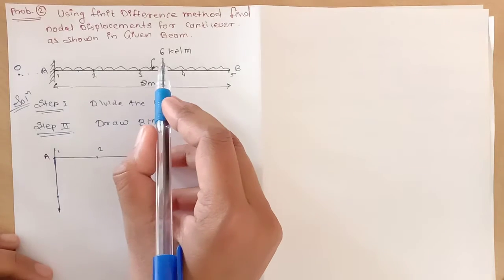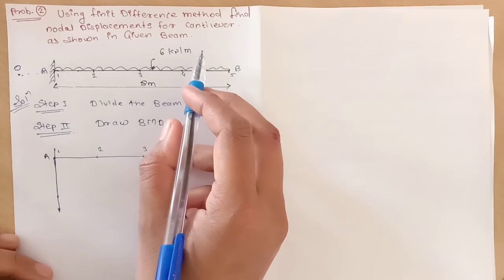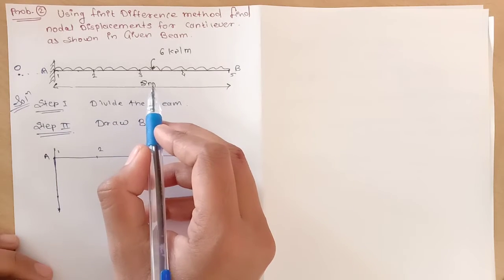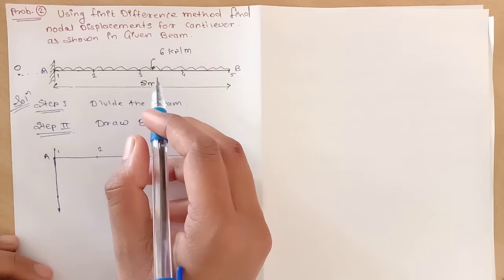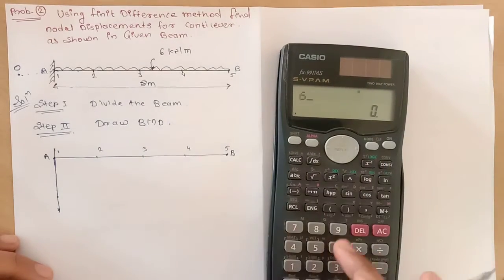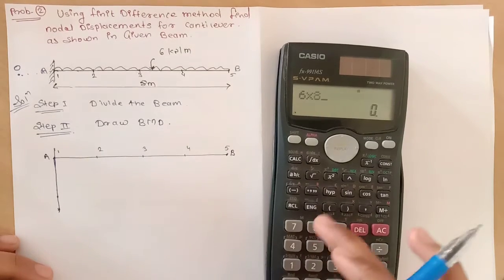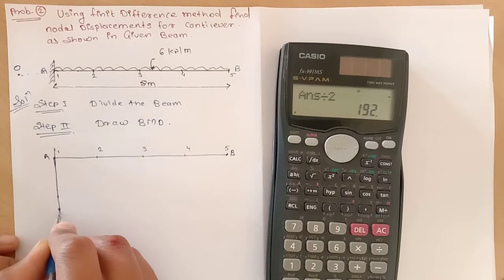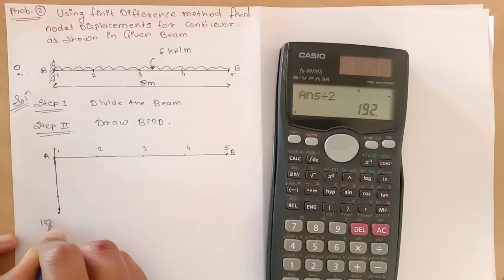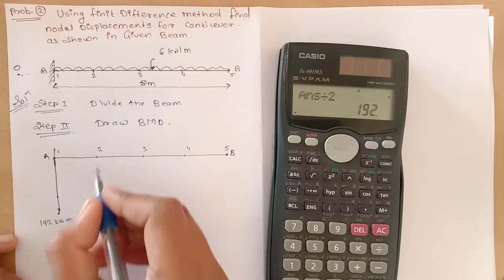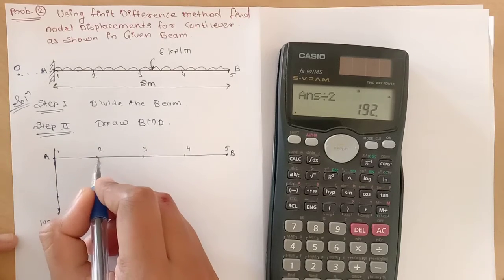Our UDL is 6 kilonewton per meter, that means 6 into the total distance 8. That is WL square divided by 2, that means 6 into 8 square divided by 2. That is 192 kilonewton meter.